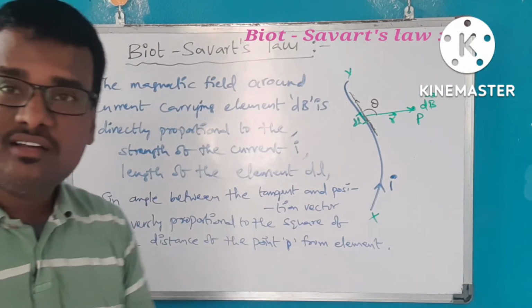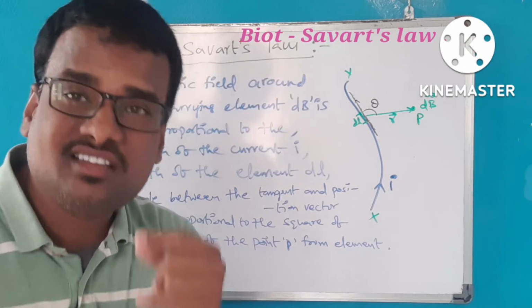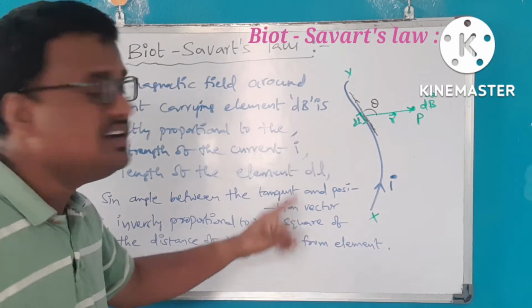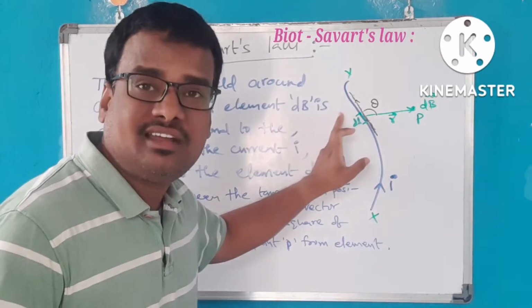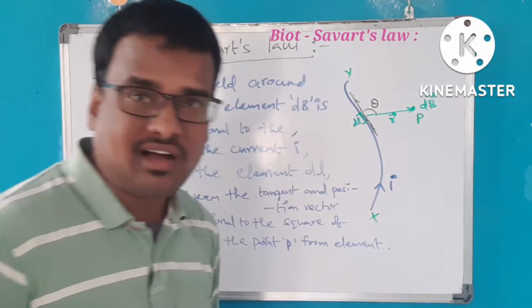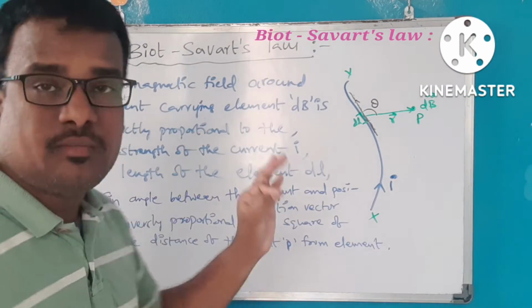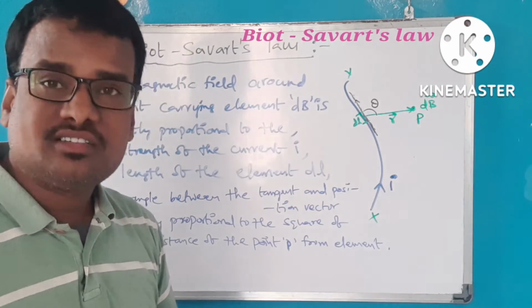But you must remember, it is inversely proportional to the square of the distance of the point P from the current carrying element, that is r. This is the statement of the Biot-Savart's law.